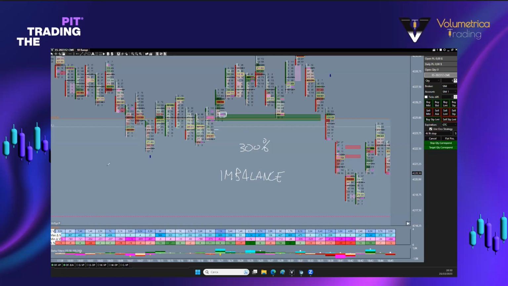If we compare them diagonally with the bid below, that's only 121. So I definitely have a strong imbalance, stronger than 3 times what was traded the opposite way diagonally at the tick below.